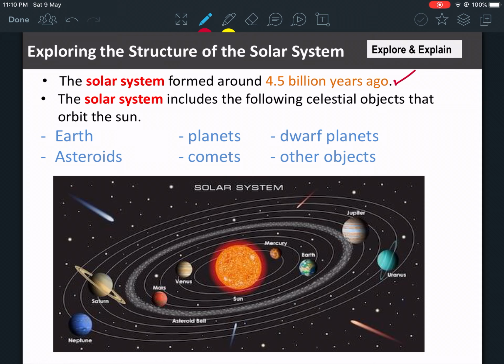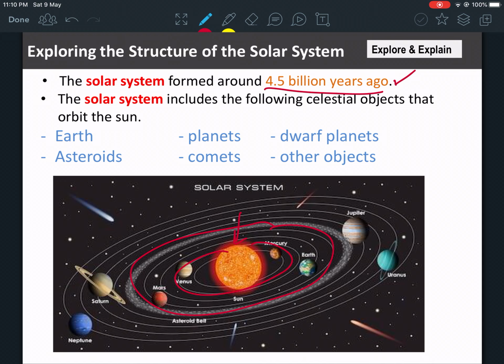Our solar system was formed around 4.5 billion years ago, and it's made of the sun, which is the center of our solar system and the biggest celestial body in it, and all the other objects in the solar system revolve around the sun.